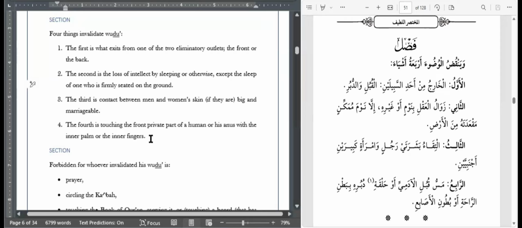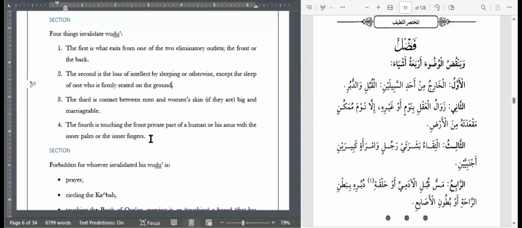That's important information. Okay, so I think the rule is clear here: anything that comes from the front or the back pathways, except for ejaculated sperm, one's own sperm.